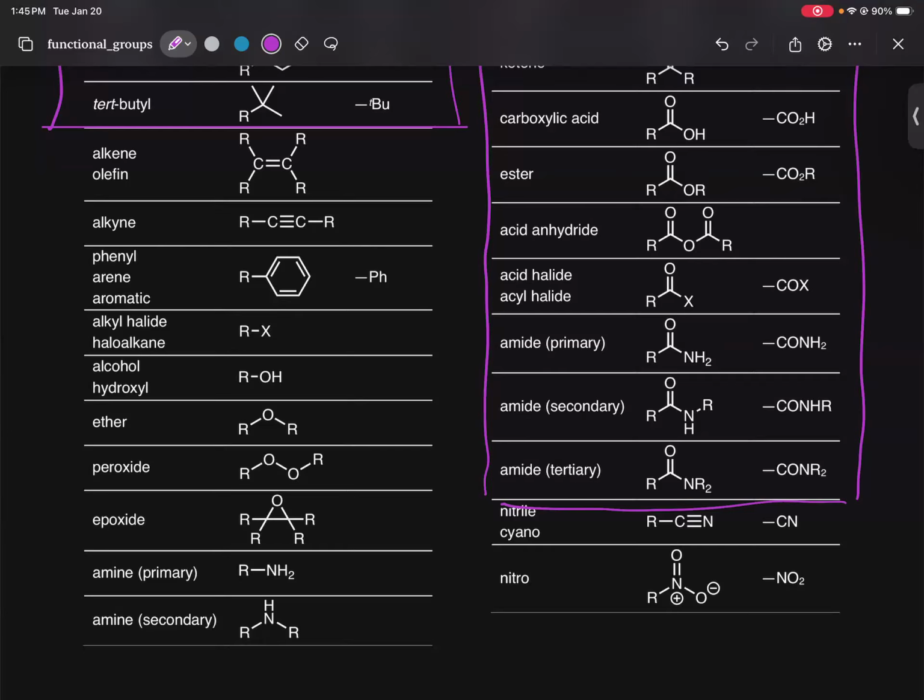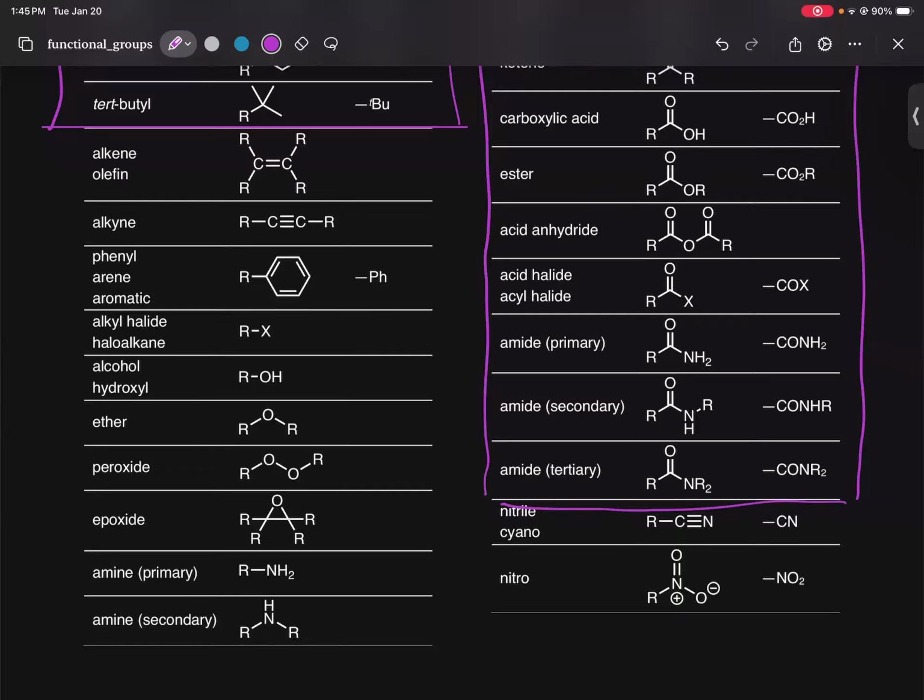You've probably seen these six-membered rings with alternating single and double bonds. That's called a phenyl group if it's by itself, or an arene if it's attached to other things. The class in general is called aromatic. If you have a halogen attached to your molecule, it's extremely vague, of course, but it's quite common. It's called an alkyl halide or a haloalkane.